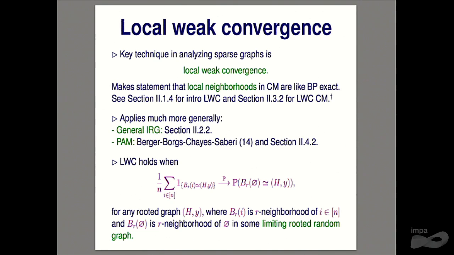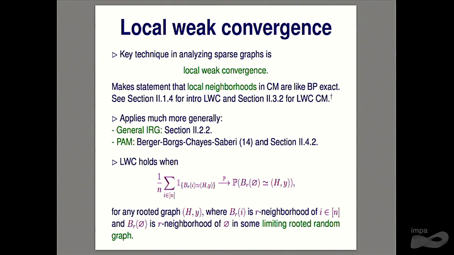And then I write this indicator saying that this neighborhood is isomorphic to what you have on the right-hand side. And in this case, it suffices to look at trees, any trees, which are rooted. So Y here denotes the root. So I'm counting the proportion of vertices whose r-neighborhood is isomorphic to this rooted tree.